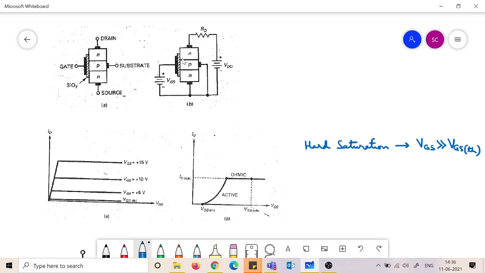So this voltage, before which we are not experiencing any drain current, is called VGS threshold. It is like the VGS cutoff, the cutoff voltage that was there for JFET and D-MOSFET. Here in E-MOSFET it is VGS threshold.